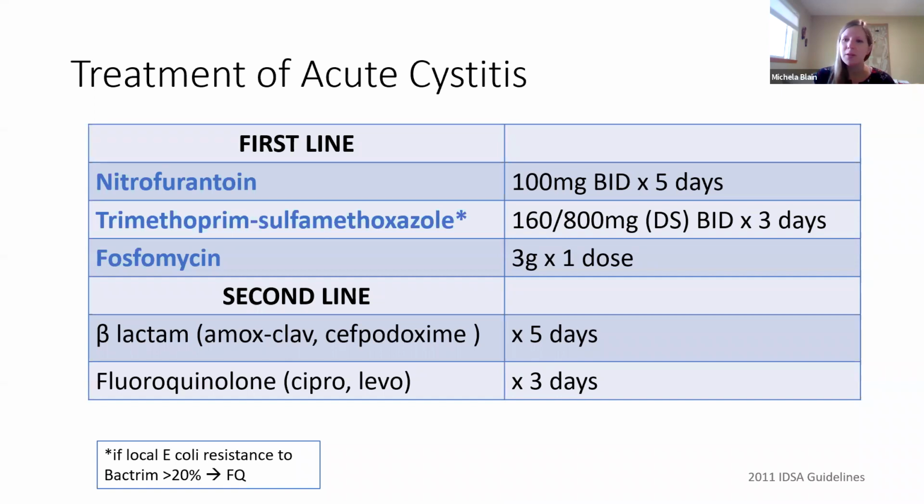And if you look at our inpatient antibiograms, that is actually us. We have a higher than 20% E. coli resistance to Bactrim. And so we would fall into that category. I put a star there because our inpatient antibiogram, which we look at and use, is going to be different than our outpatient antibiogram, which they're currently working on, but we don't have at this point.